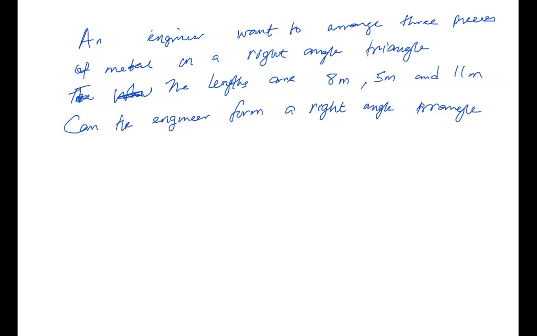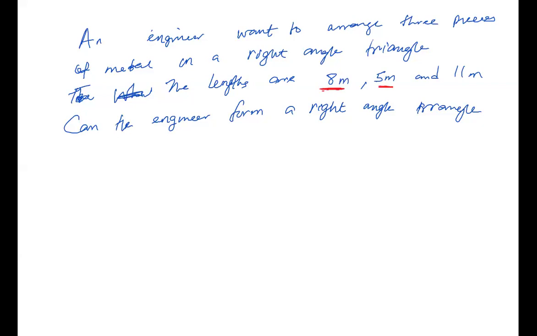So the first thing you must do is arrange them like this. I told you that for you to form a right angle triangle, these are the two short ones.